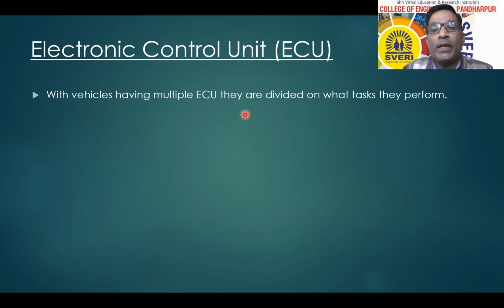Whether it is related to the braking action, the suspension action, the comfort of the passenger, the speed, or the transmission, based on that these electronic control units are divided.